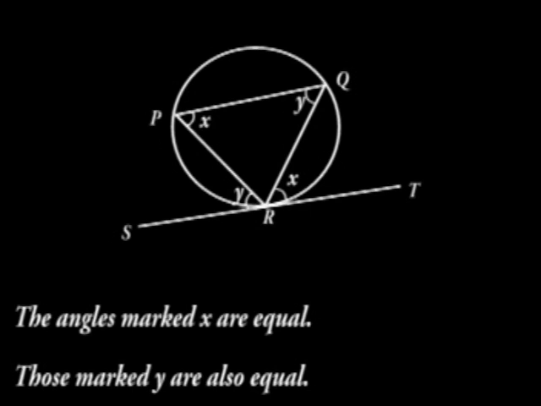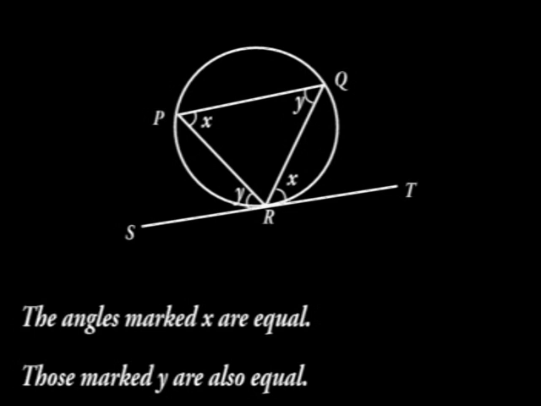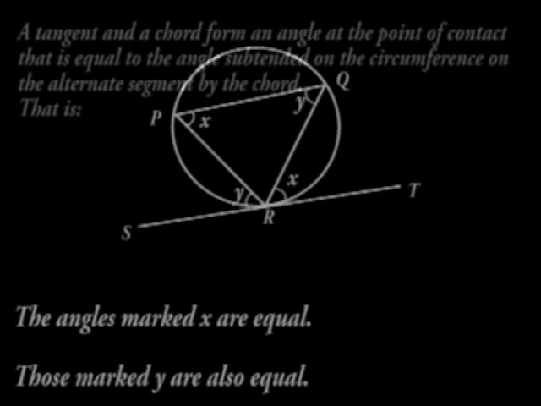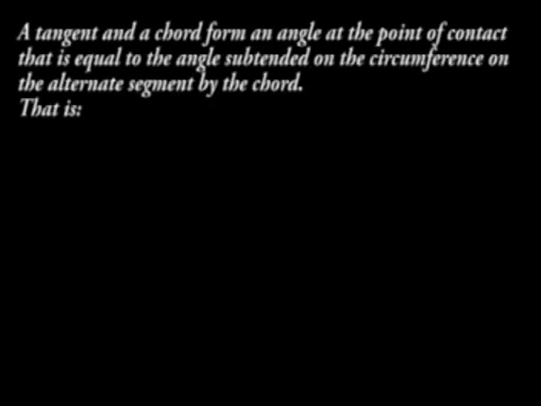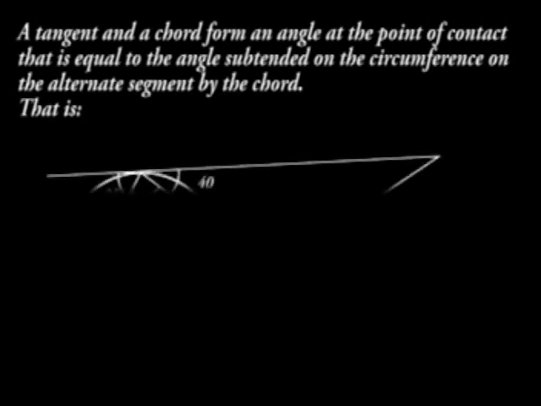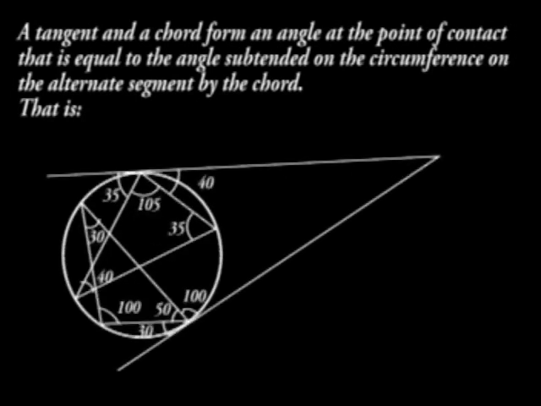PR subtends an equal angle PQR on the alternate segment. In summary, a tangent and a chord form an angle at the point of contact that is equal to the angle subtended on the circumference of the circle on the alternate segment by that chord. That is illustrated by the figure below.